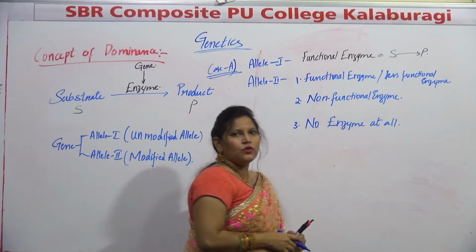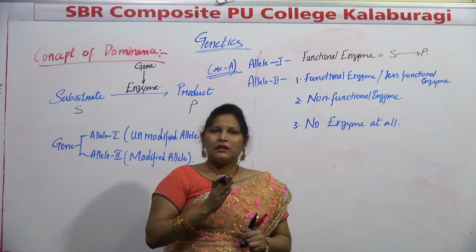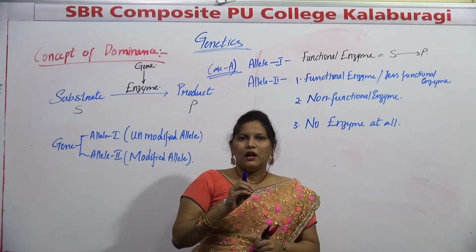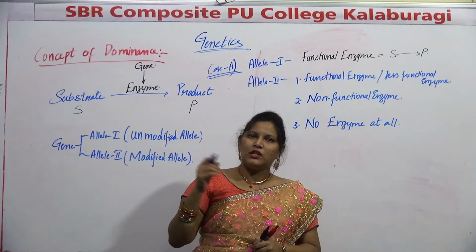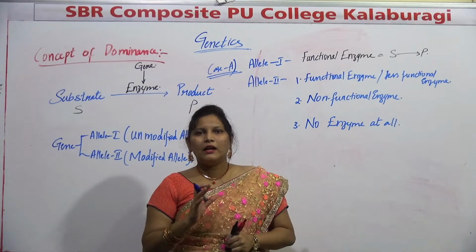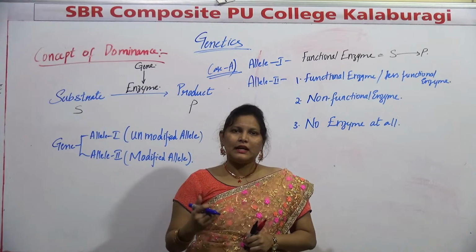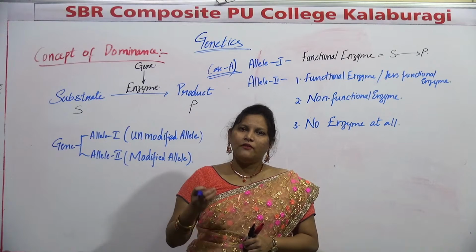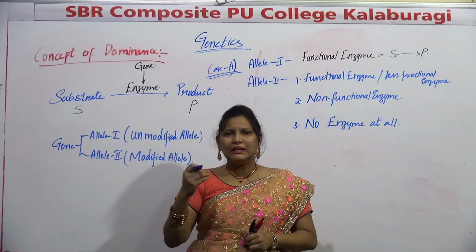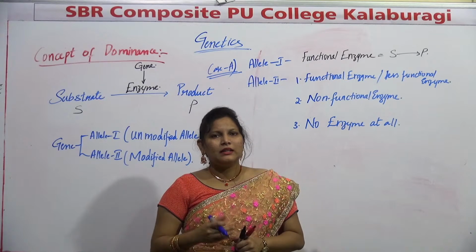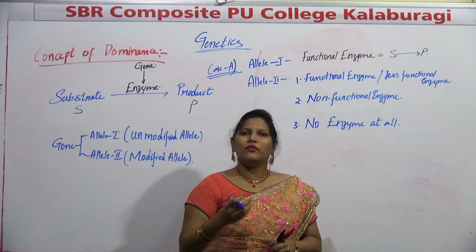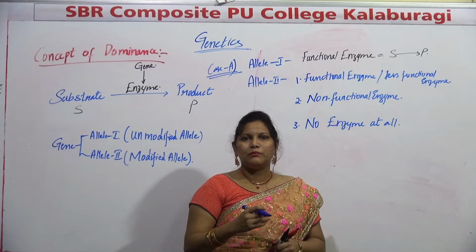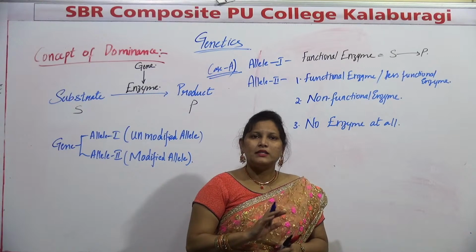So there are three possible cases. One is the unmodified allele producing a functional enzyme. With the second allele, in the first case it may produce a functional enzyme or a somewhat less functional enzyme. In the second case, it may produce an enzyme, but it is not functional. And in the third case, it may not produce any enzyme at all.